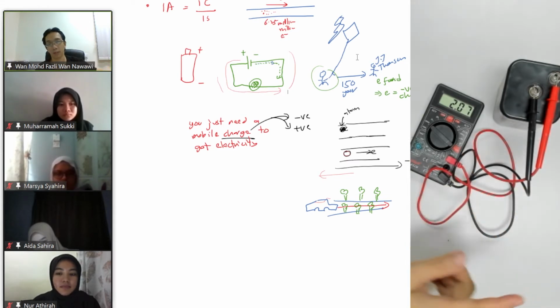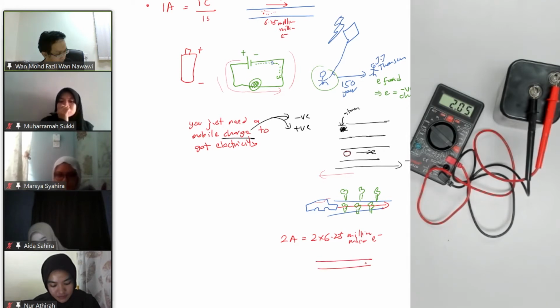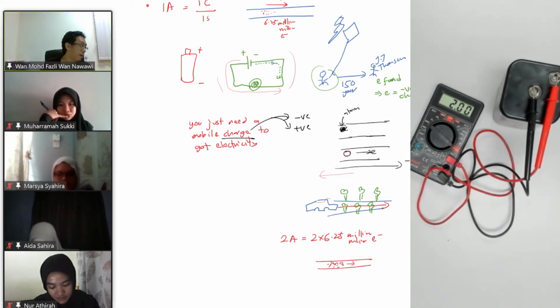And 2 coulomb is basically 2 times 6.25 million million million electrons. So for every second you have that many electrons moving inside this thing. That's what 2 ampere means. Just now was voltage, this is current.